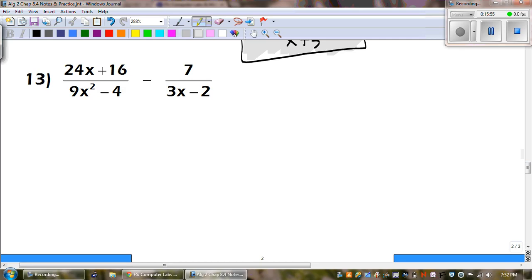So let's see. We can factor the bottom of this because it's the difference of two squares. So that turns to 3x plus 2, 3x minus 2. And we can't factor the other bottom. That's just 3x minus 2. So what do they have in common? Well, they have in common 3x minus 2.